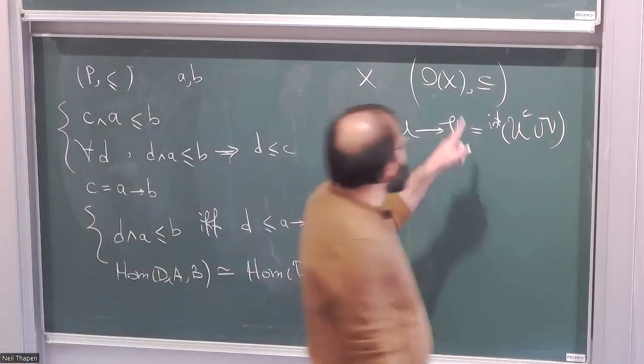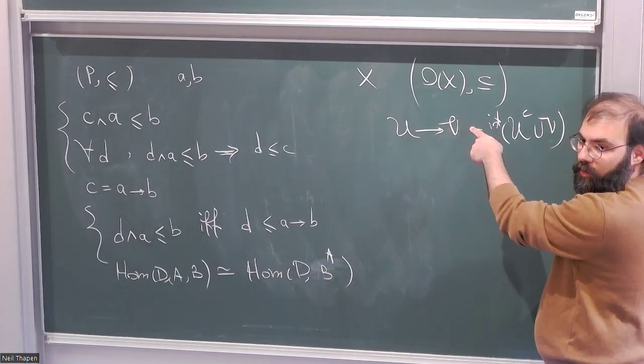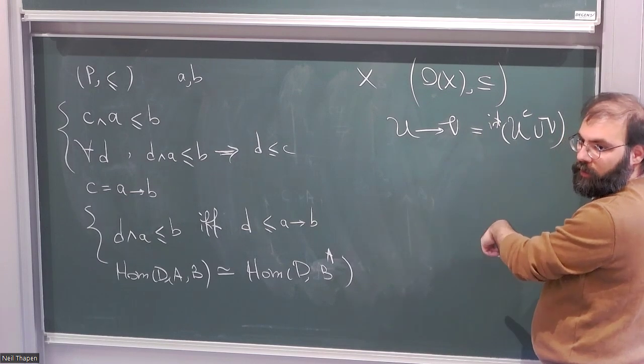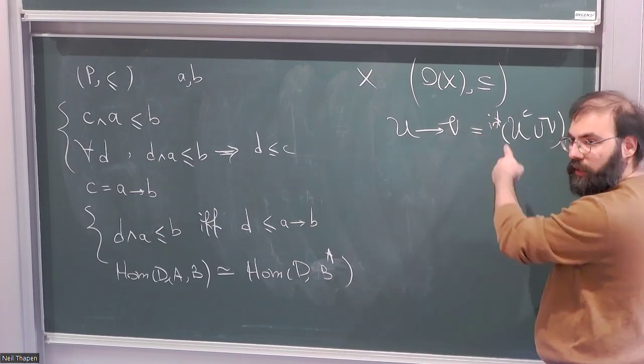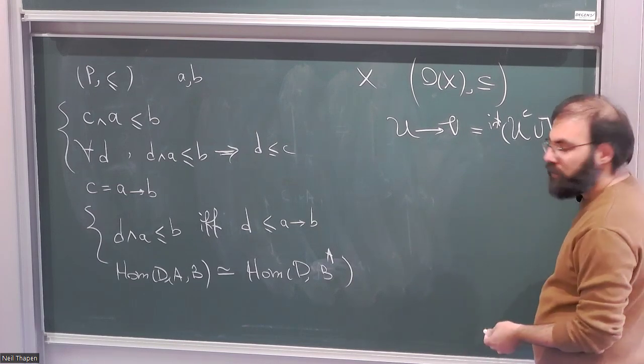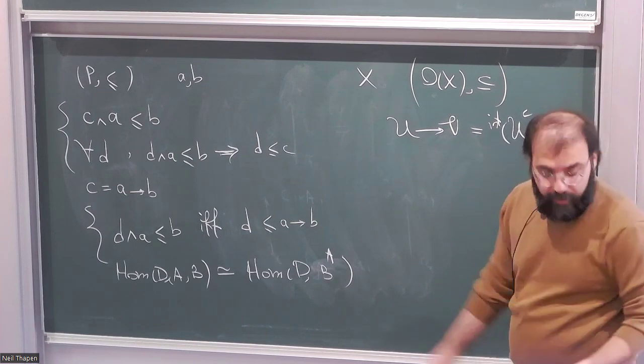Yes, the objects are the opens here. You mean here, right? The opens of the topology. Yes, with the inclusion, and it's a poset, and any poset is a category. So in that sense. So, okay.